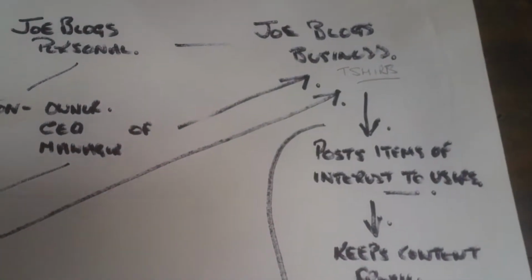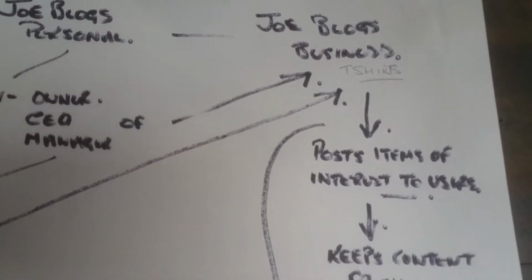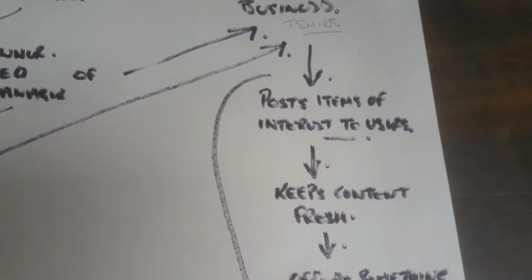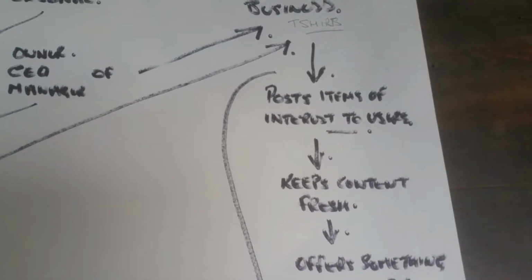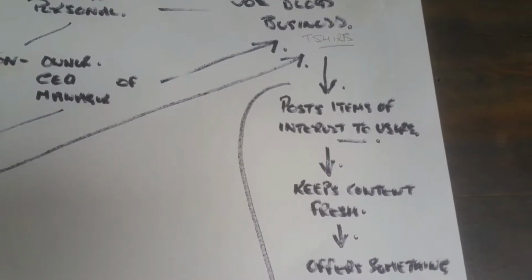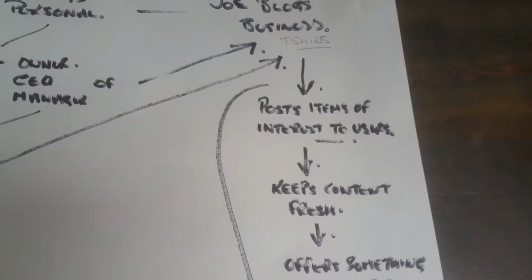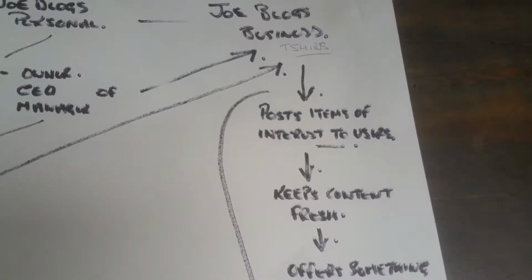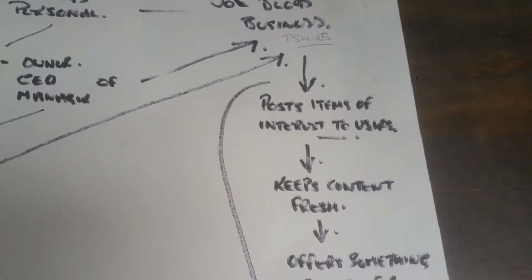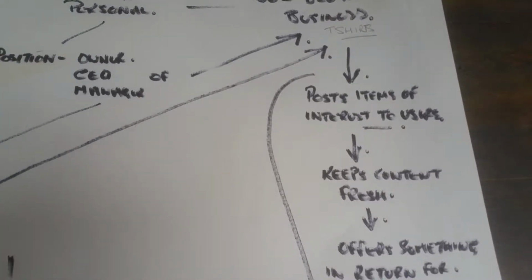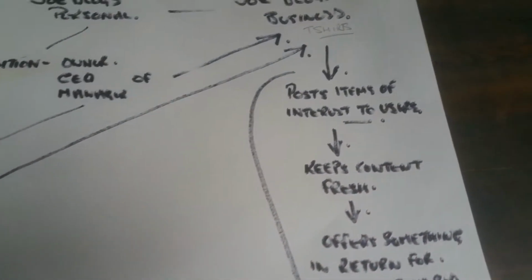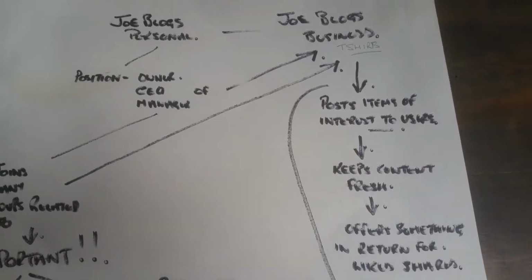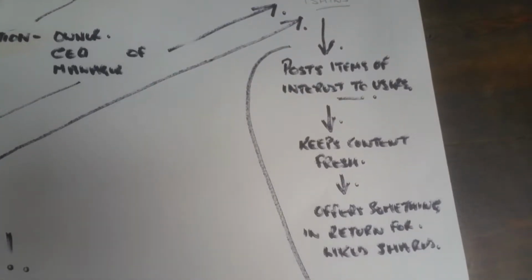At the same time, Joe Bloggs business needs to ensure that they are making posts on their line that aren't the usual, we are offering 20% off for X, or we think you might be interested in one of our t-shirts. You know, the type of posts which are just so repetitive, they offer nothing to the end user. So what they end up doing is skipping past it.